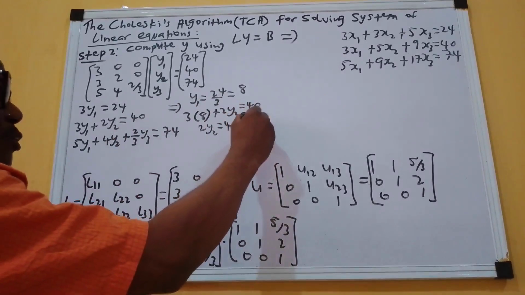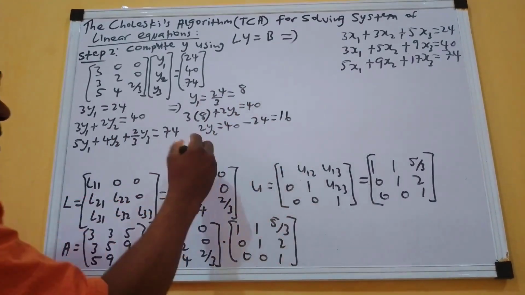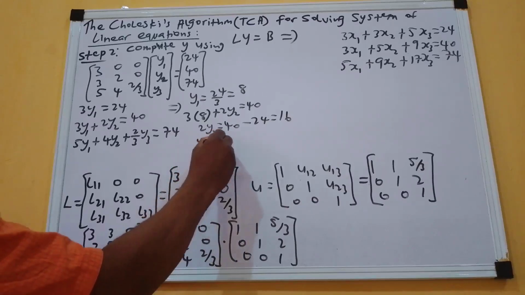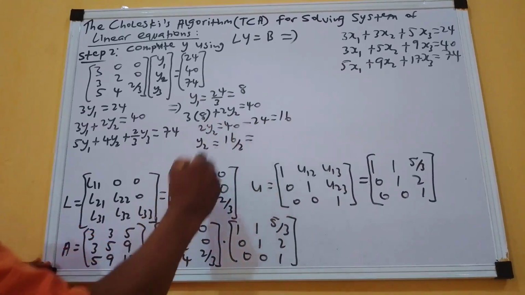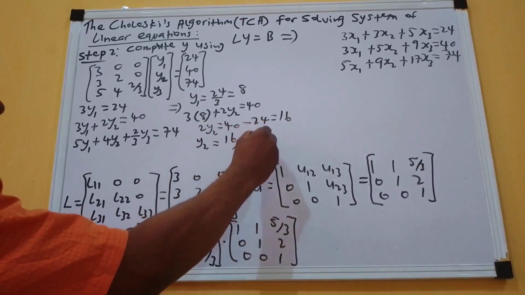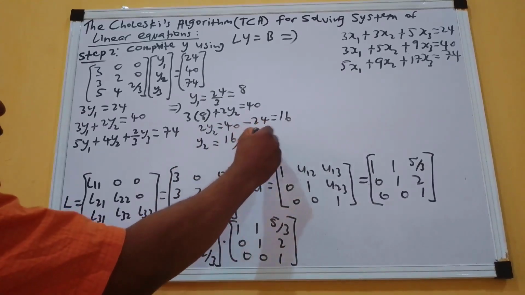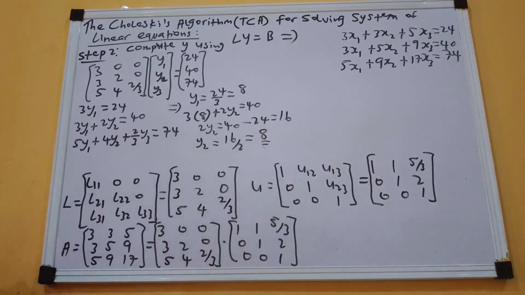So minus 24, and that is equal to 16. So our Y2 will be equal to 16 all over 2, and that will be equal to 8. So you have that.